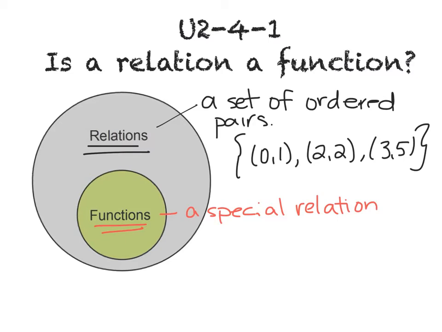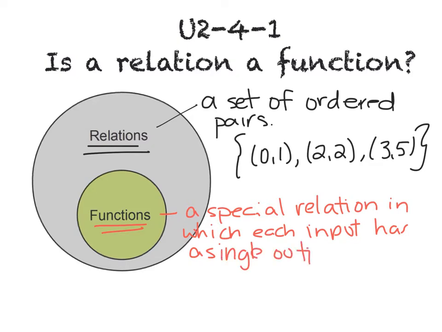So it's a special relation in which each input has a single output. What that really means is that in our set of ordered pairs, all x values are different.